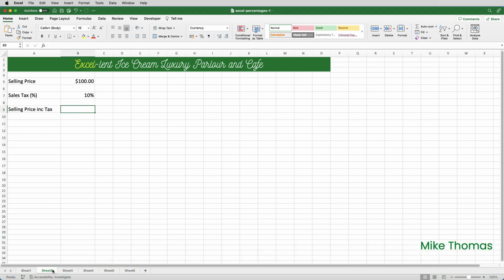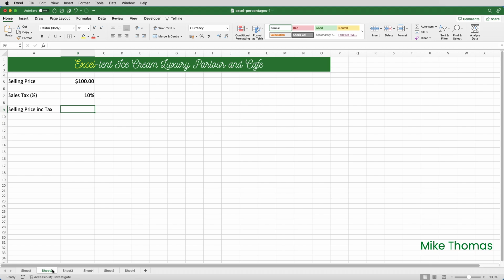In this second example, the price of a 10-litre container of ice cream is $100, and the sales tax is 10%. So, what is the price of the ice cream when the sales tax is added? Well, to do that, I want to calculate 10% of $100 and add it to the $100.